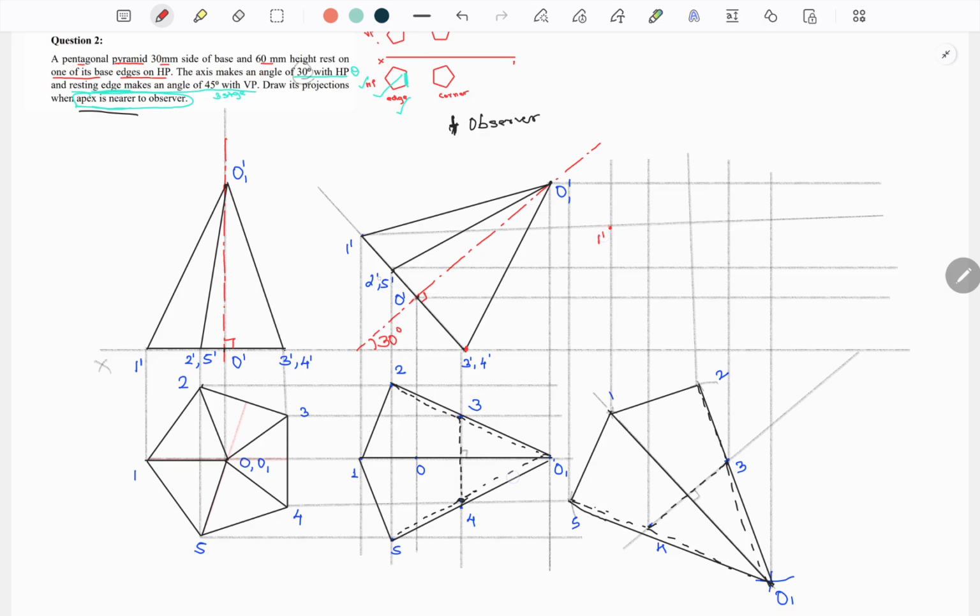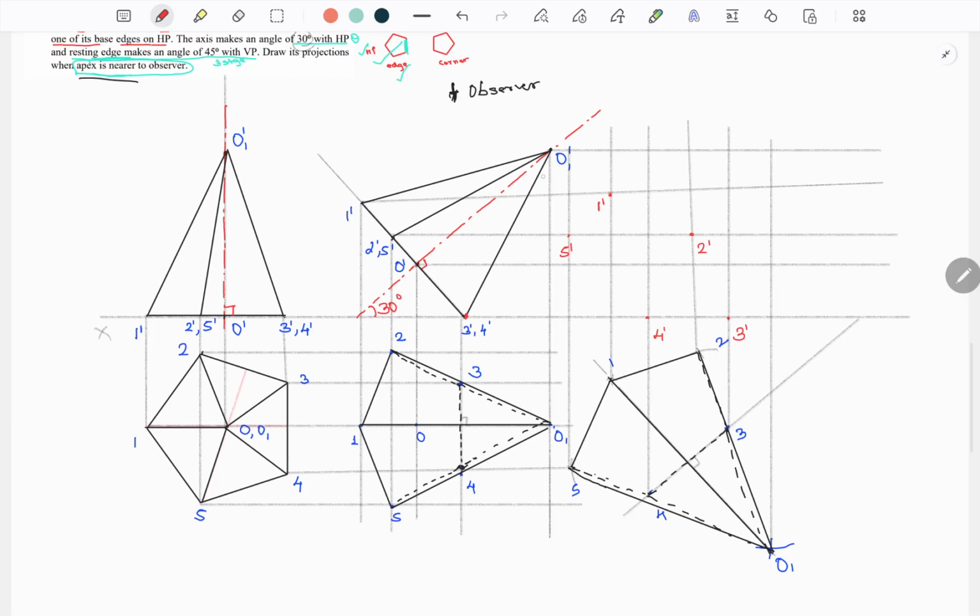Is that clear? 2 dash horizontal, 2 vertical, here is the point, this is my point 2 dash. 3 dash horizontal, 3 dash vertical. 4 horizontal, 4 vertical, here is the point 4 dash. 5 dash horizontal, 5 vertical, somewhere here you will get point 5 dash. Then O vertical, O dash vertical, O1 dash vertical, O1 horizontal and vertical just intersection, this will be my point O1.